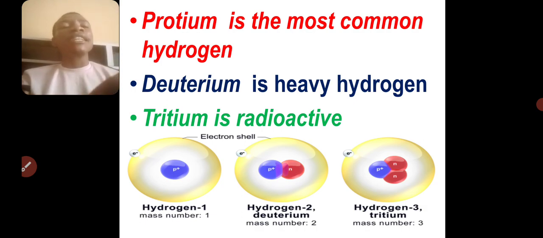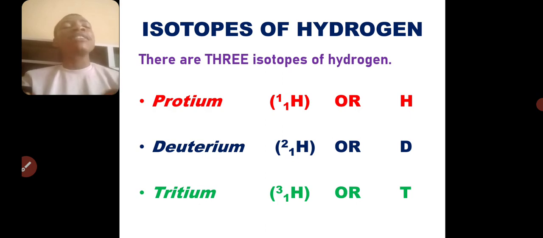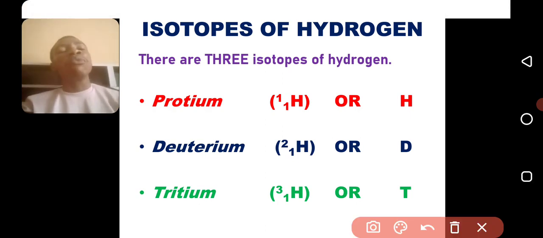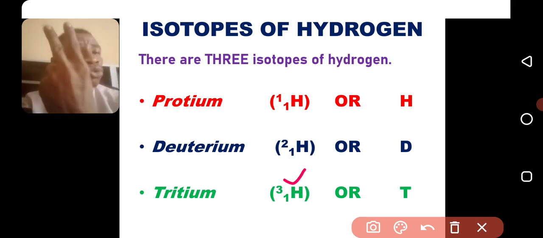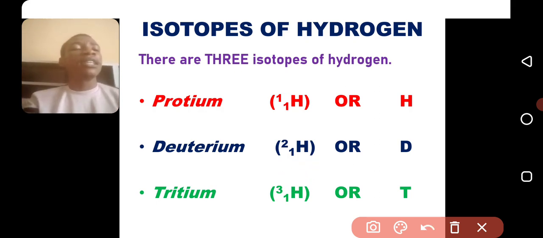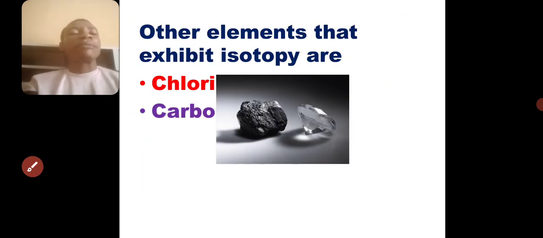That's why the mass number of protium, which is hydrogen 1, is only 1, whereas the mass number of deuterium is 2, because one of them is proton, the other is neutron. Then tritium has mass number of 3, because there's 1 proton and 2 neutron, making 3. So take note of that.